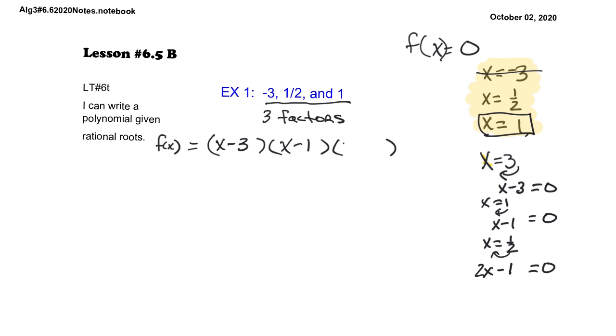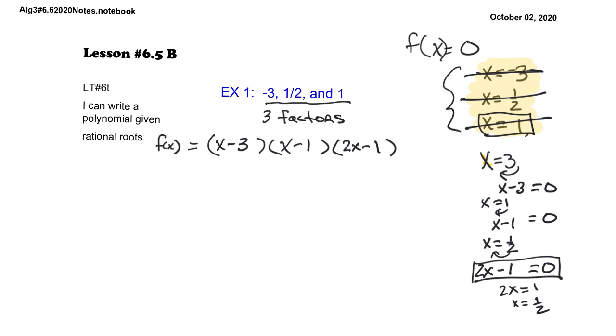So my factor is 2x minus 1. Again, if you're unsure, take the 2x minus 1 and solve for x: I would add the 1 and divide by 2 and get back to my 1/2. So I've taken each one of my solutions and written them as factors.